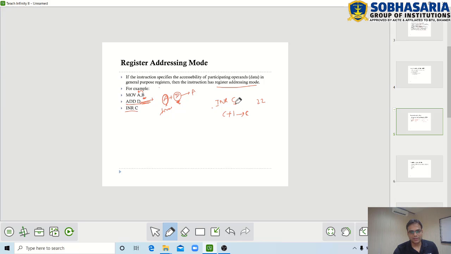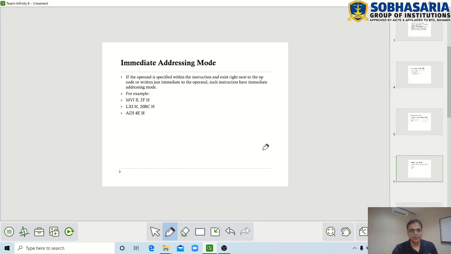The data is available in the C register, that is 21, which is incremented and becomes 22. The result is also available in the C register itself. Because the data is available in a register, we call this mode register addressing mode, right?